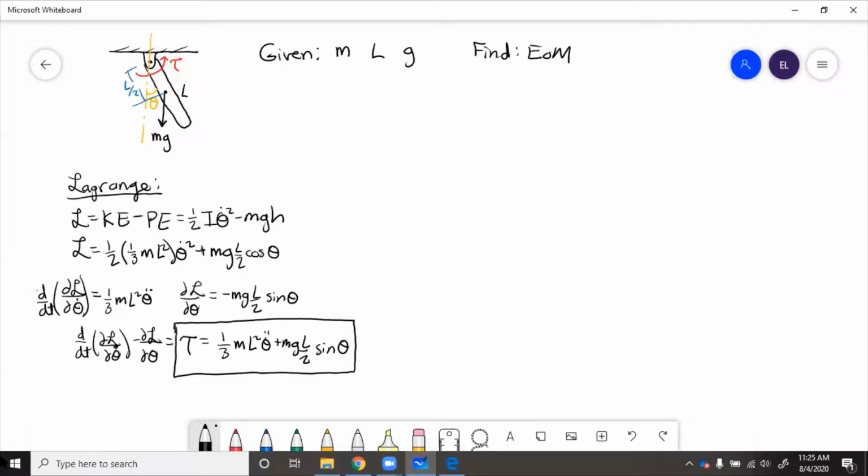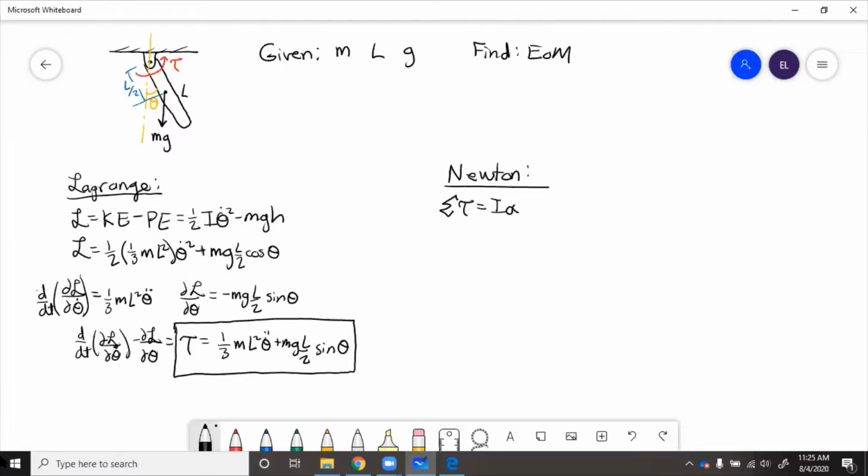And we could also work this using Newton's method. So we'll look at that and show that we get the same answer. So looking here at the free body diagram, we've got this external torque, we've got the mass times gravity pulling down, and we know that since it's angular motion, then we need to write sum of the torques equals I alpha.